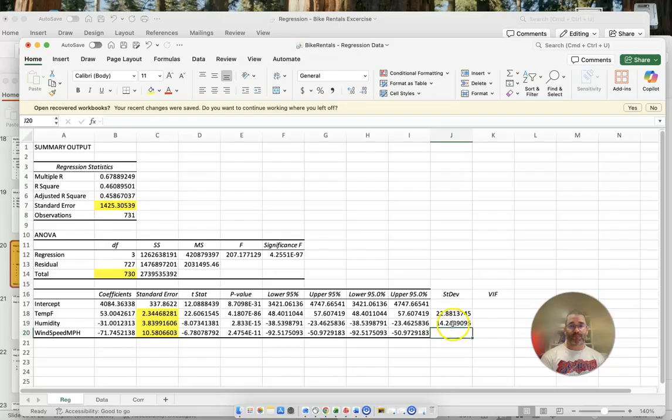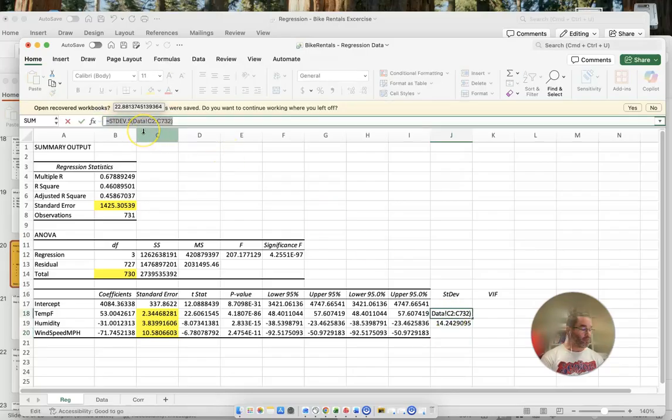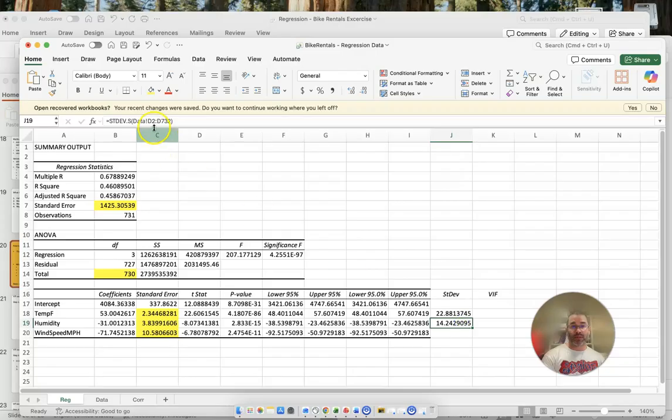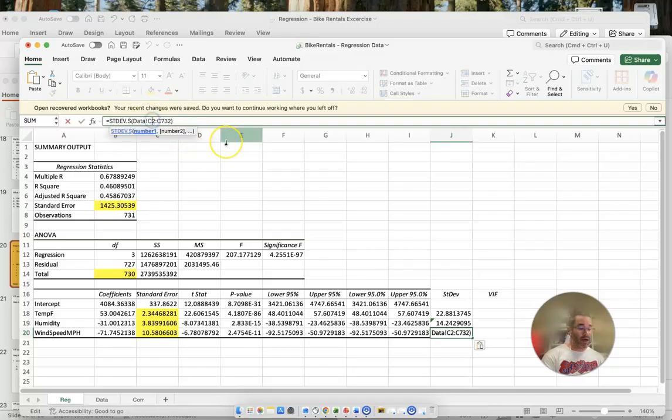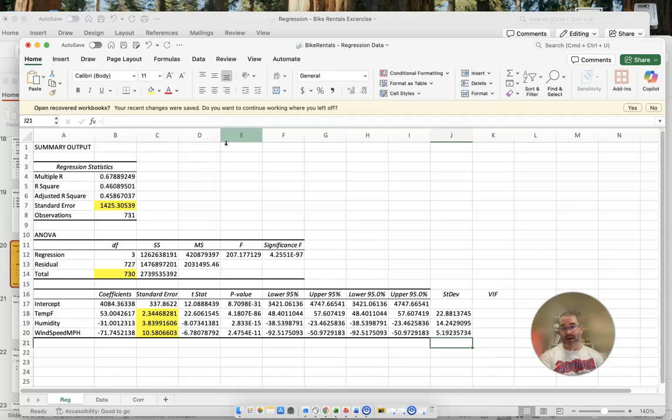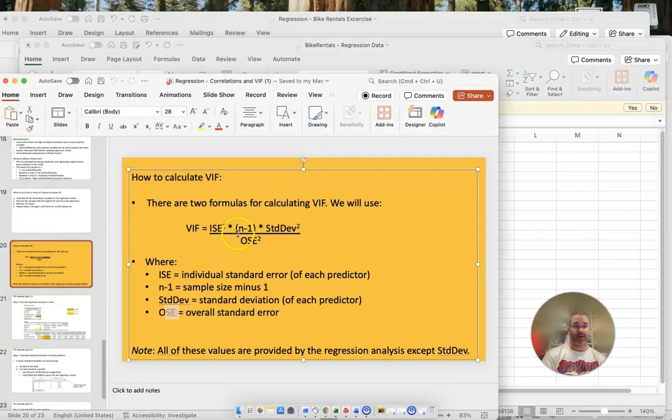Now if you look up at the actual formula, we can see that it's C2 to C732. This is D2 to D732. And so I know this one's going to be E. So I could just copy it again if I wanted to, or I could just change these C's to E's, and that'll give me the same standard deviation. All right, so that's the last piece of this crazy VIF formula here.